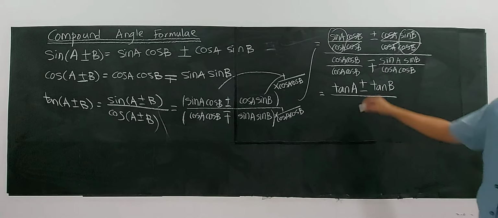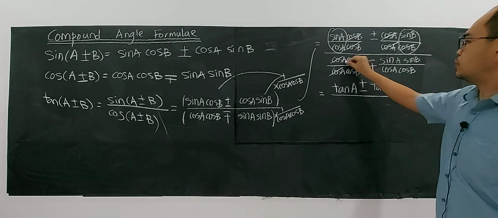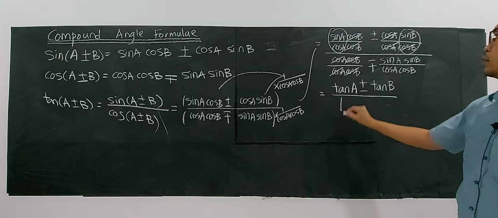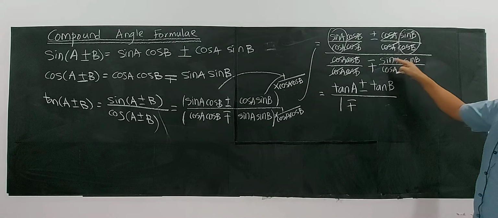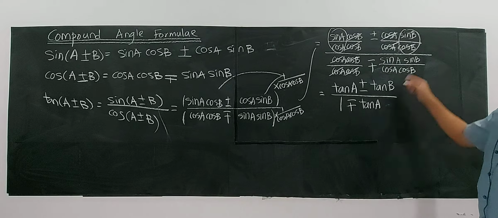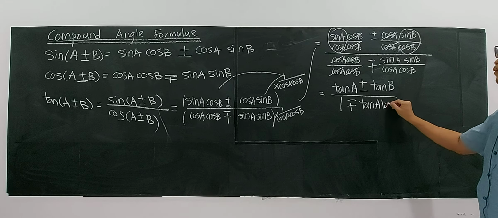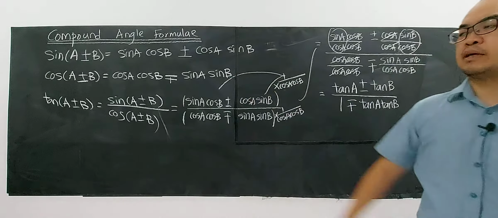And this one, you have cos B eliminated as well. So you're getting 1 here, and this will have negative plus sine A over cos A, which is tangent A, and sine B over cos B, which is tangent B, right? So this will be the formula for tangent A plus minus B.